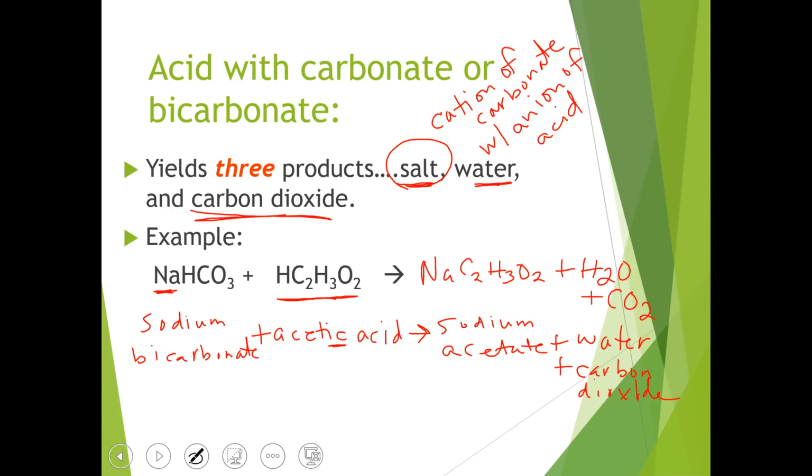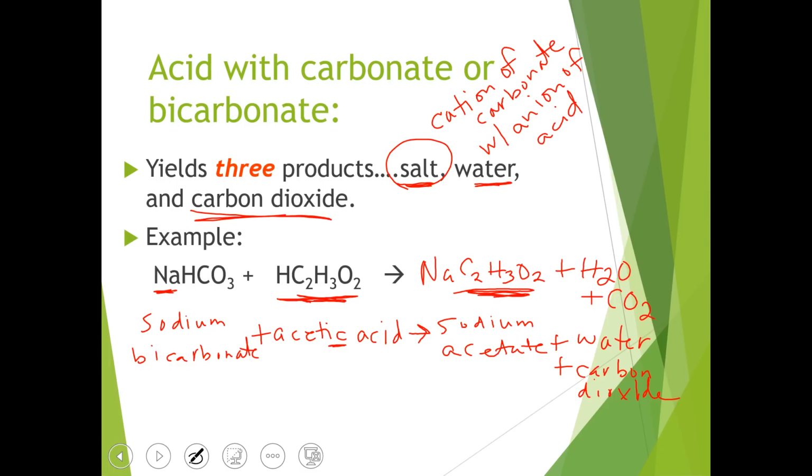If you have a different acid, you would just get a different anion right here, but you would still get water and carbon dioxide. For example, if I mixed baking soda with hydrochloric acid, I'd get sodium chloride. If I mixed it with sulfuric acid, I'd get sodium sulfate. So whatever the anion from your acid is, you put it over here with the cation from your carbonate.